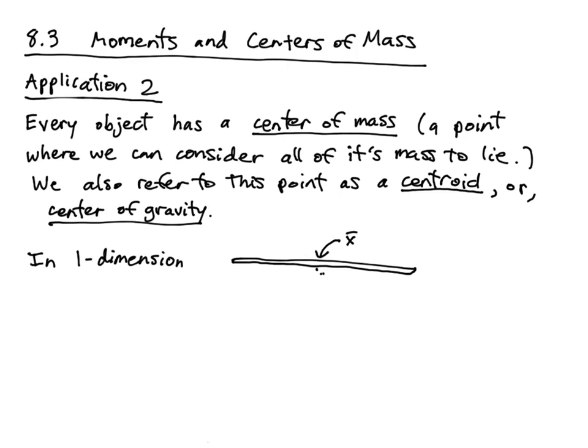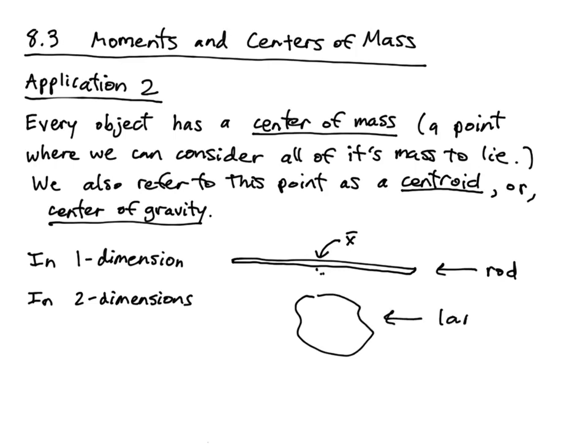And in 2 dimensions, if we want to call this guy a rod, we have something called a lamina, which is a 2-dimensional shape. This is a lamina. And in 2 dimensions, we start to talk about something called density, right?